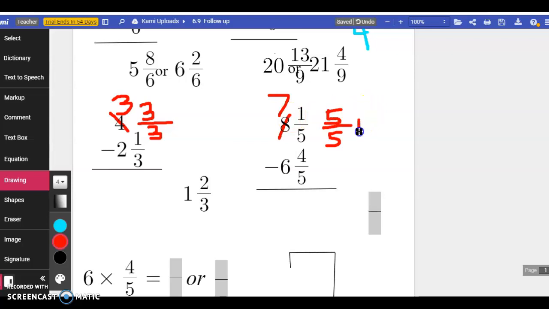We need to add that to the 1/5. So 5/5 and 1/5 would be 6/5. Now we can subtract it from 4/5.